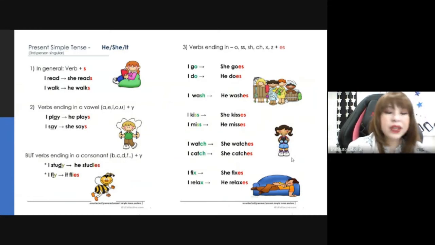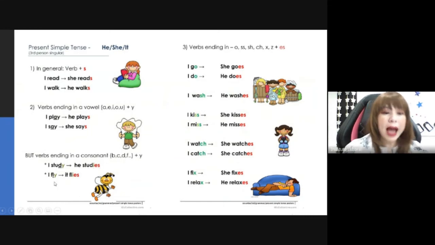I say, he says. But what happens if before that Y we have a consonant? Then we need to change the Y to I and add ES. So we have here I study, he studies. I fly, it flies. The bee flies.